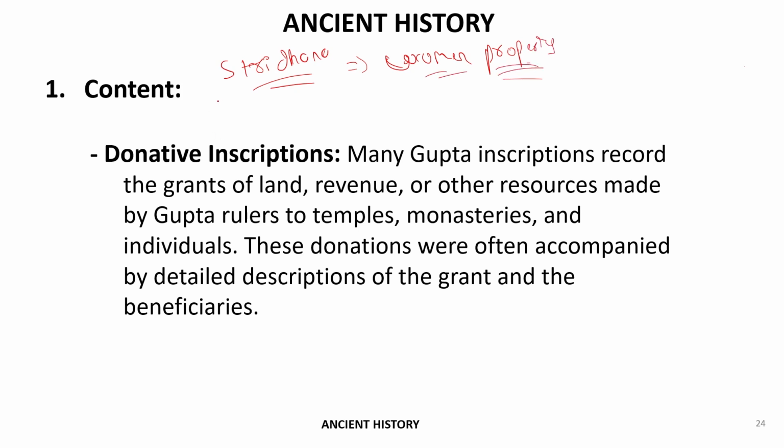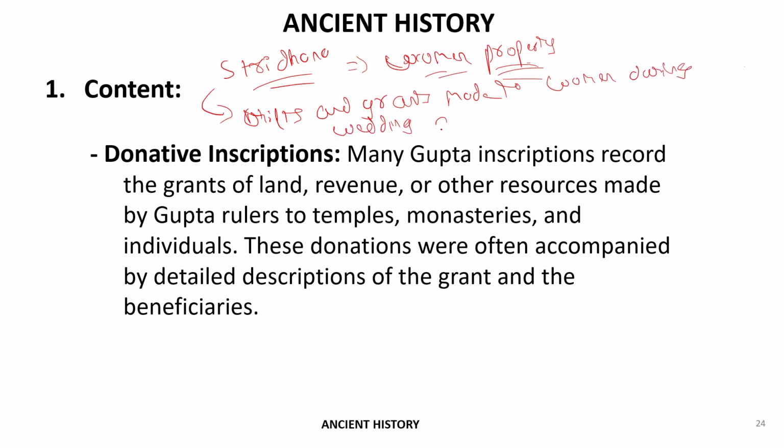Stridhan was basically the gifts and grants made to women during weddings and celebrations. So women were allowed to keep these things with them. Got it? So that was the concept.